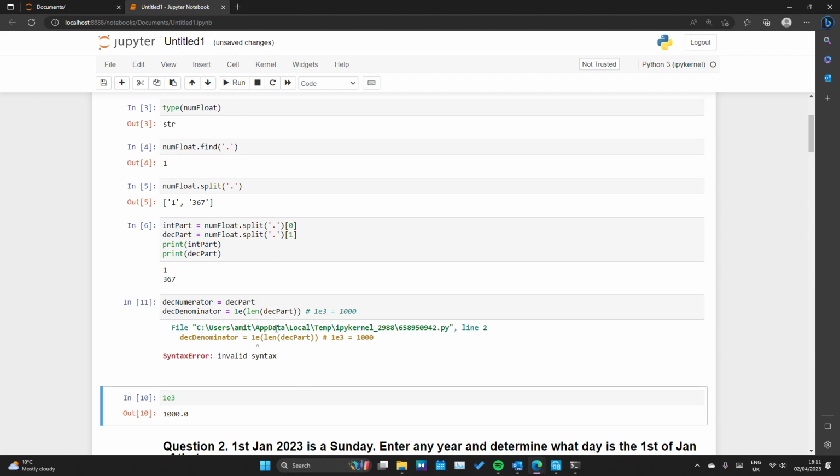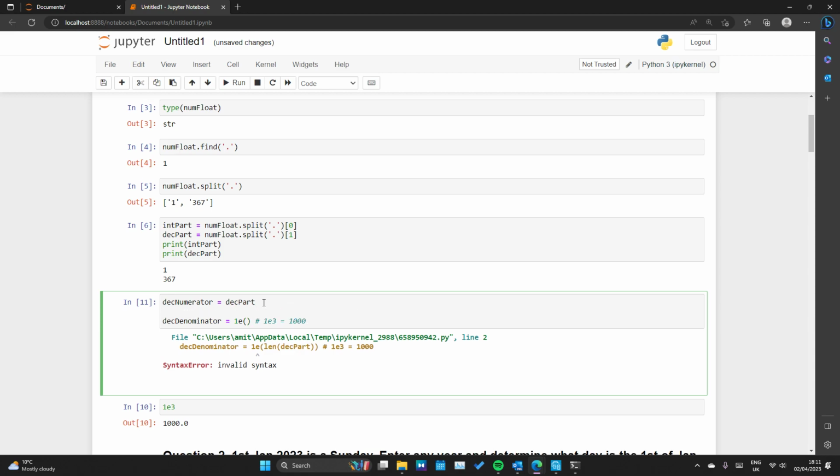Now it's still not working, so clearly this len dec part I should make separate. It will be easier if I just save it in another variable. I'm just going to call it power, and it will calculate the length of the decimal part, and I will just write here 1e power.